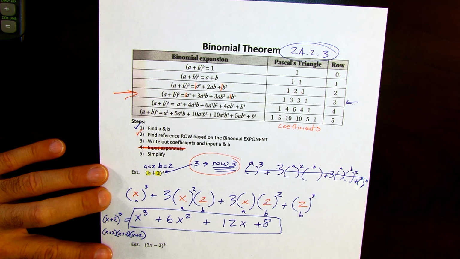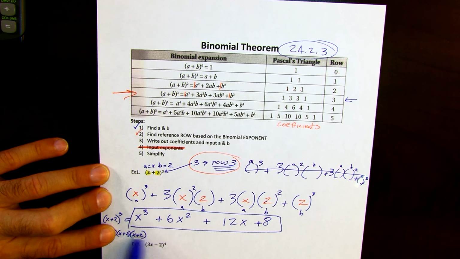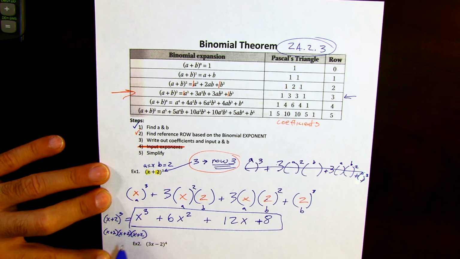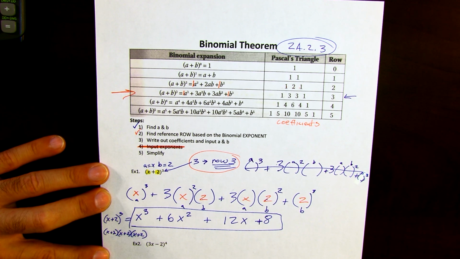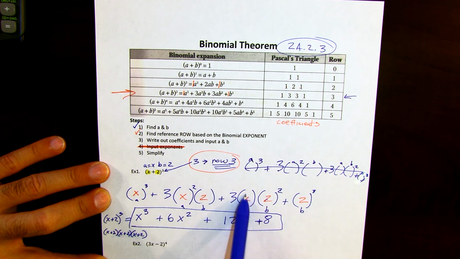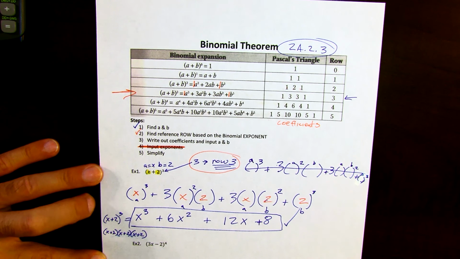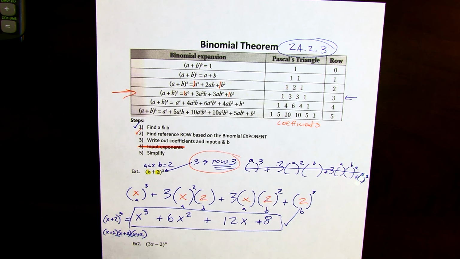This is so much work, because first you have to FOIL that, and then you have to FOIL each of those. But instead of doing this, we're going to use Pascal's triangle. Just put the template out there, put in our A and our B, and simplify, and we're done.